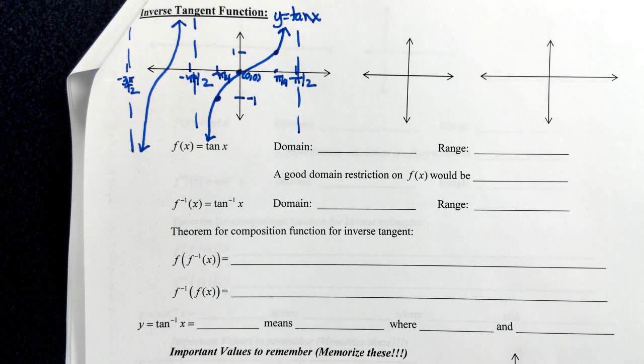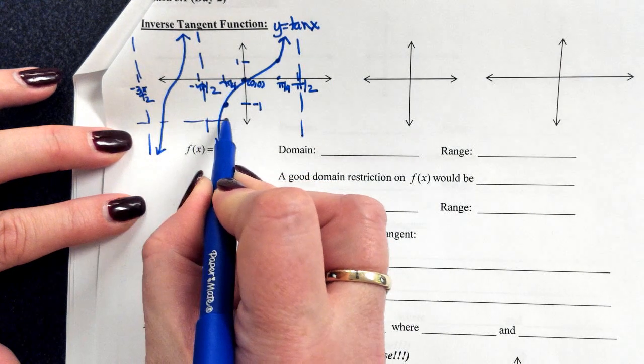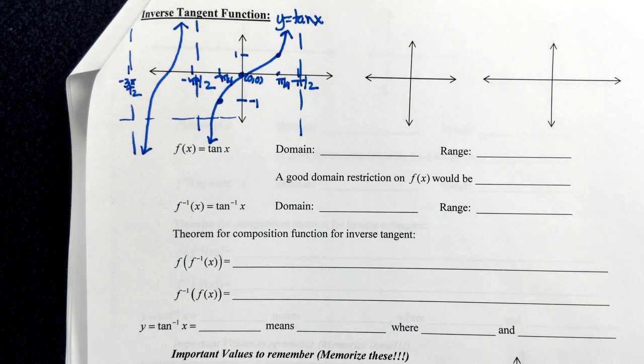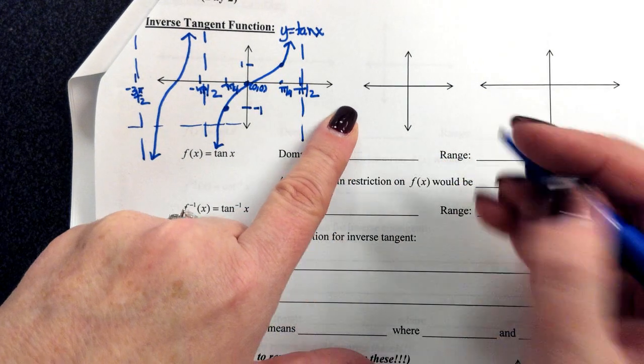So we know they're functions. It passes the vertical line test. However, does it pass your horizontal line test? No. So it fails the horizontal line test because notice the horizontal line is intersecting the graph at more than one point. So just like we saw with inverse sine and inverse cosine, we have to restrict the domain to force tangent of x to be a one-to-one function.